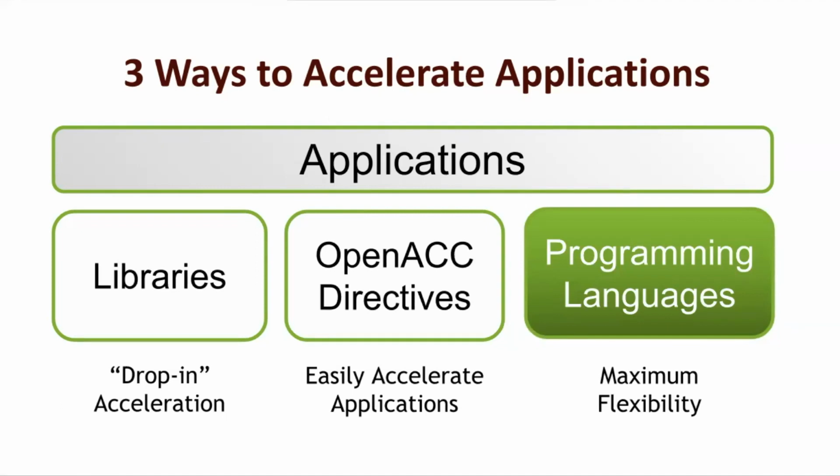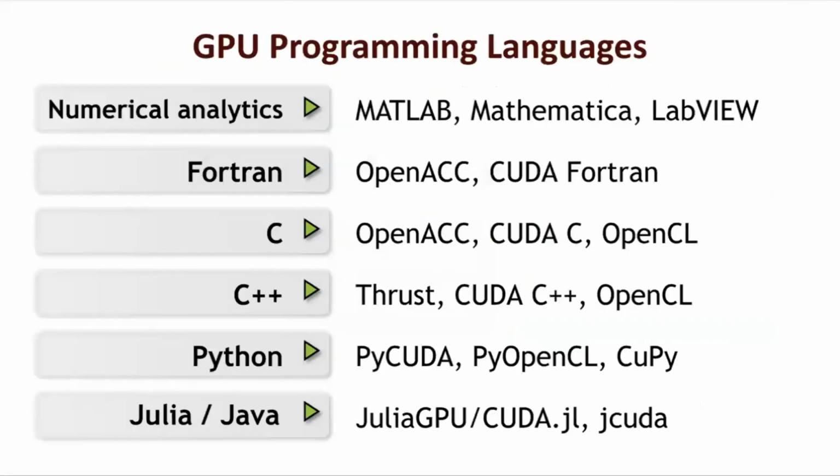And then if you really want to explore the maximum performance and maximum flexibility, CUDA is probably the only choice. These are some programming languages that you can use to write CUDA code. Some of them might not be actively supported, but I just want to keep them here.